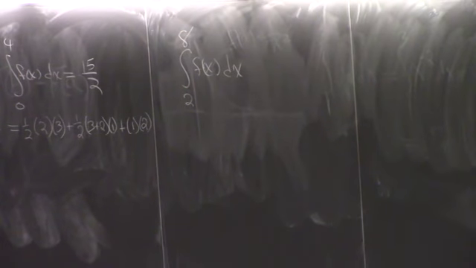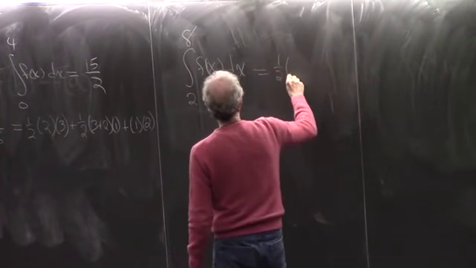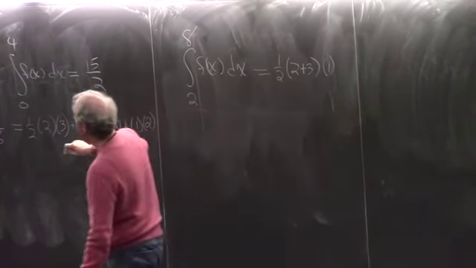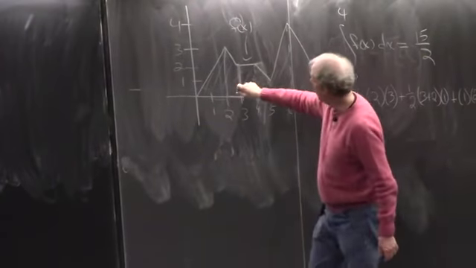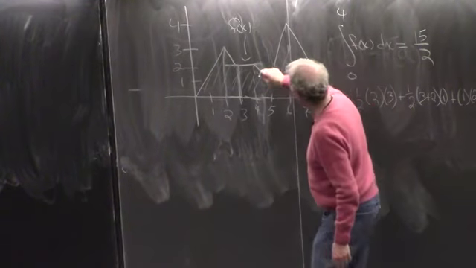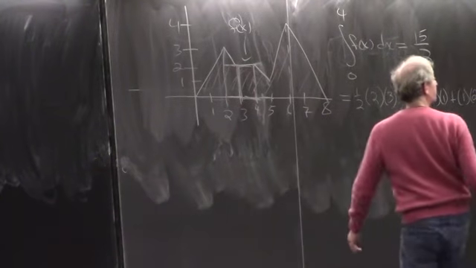So let's see. From 2 to 3, I did that one before. That's 1/2 sum of the bases times the height. So this is a trapezoid. And of course, you could cut it right here and make it a triangle and a rectangle if you wanted. Then I have this rectangle, which is a base of 1 and a height of 2.